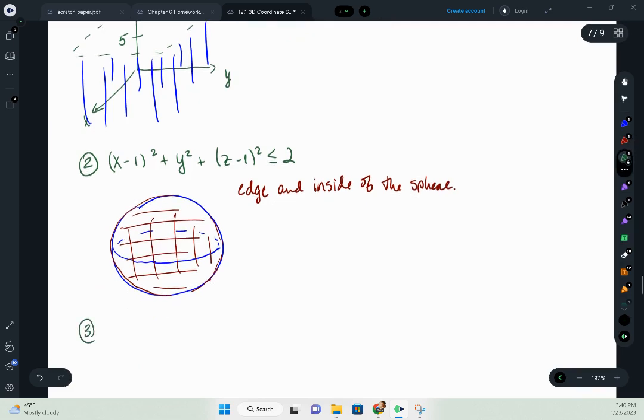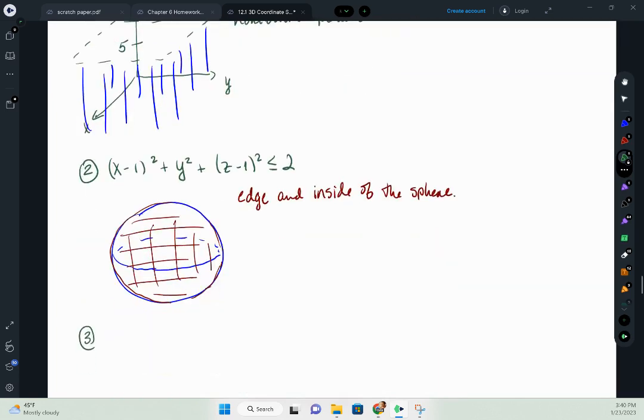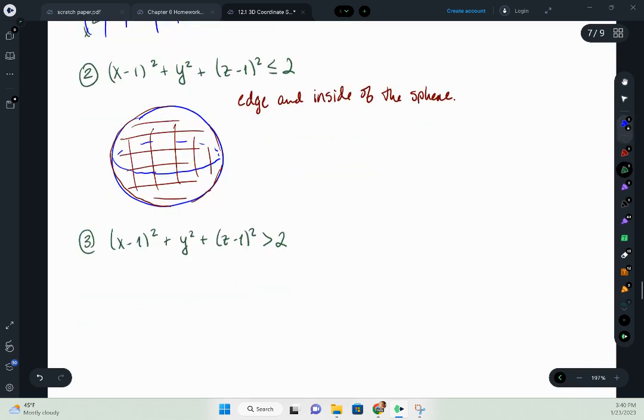The next one, though, is very similar to this. In number 3, I believe we're looking at the same equation: (x minus 1) all squared plus y squared plus (z minus 1) all squared is greater than 2. I'm going to draw my ball again.